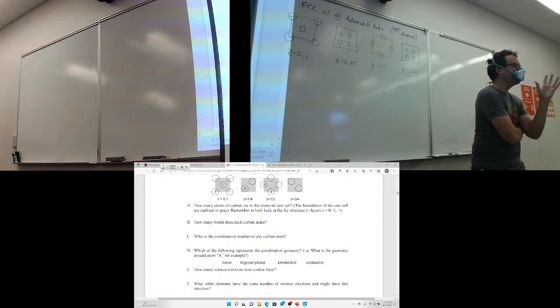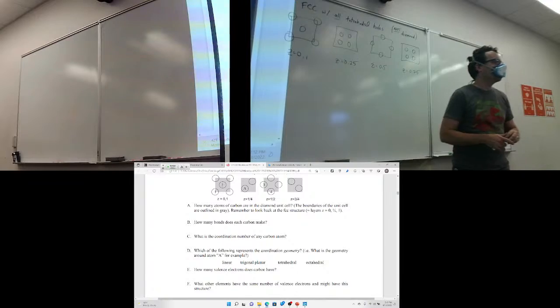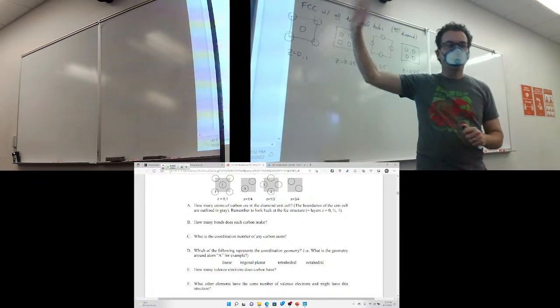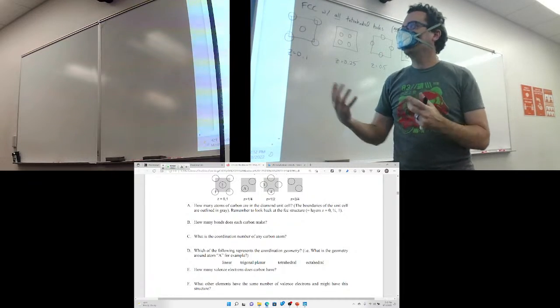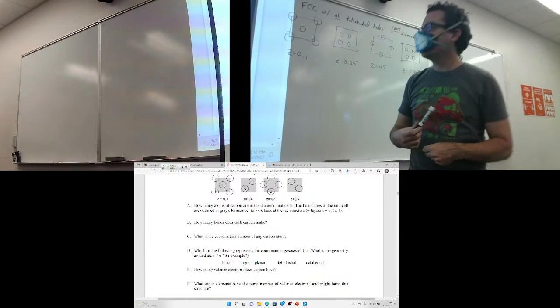So just remember that the corners count as an eighth still, and the faces count as a half. But the ones in the center, the new ones, they're completely inside, so we count them as whole atoms. All right. D, what's the coordination geometry?